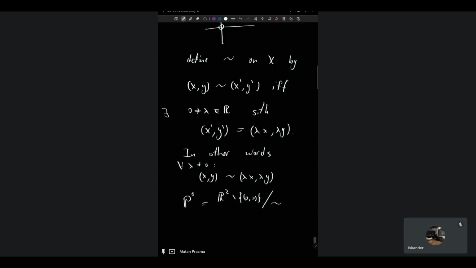Why not include the origin? Because if I include the origin, then any point will be equivalent to any point.